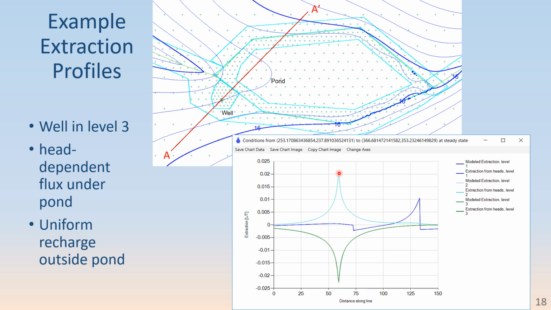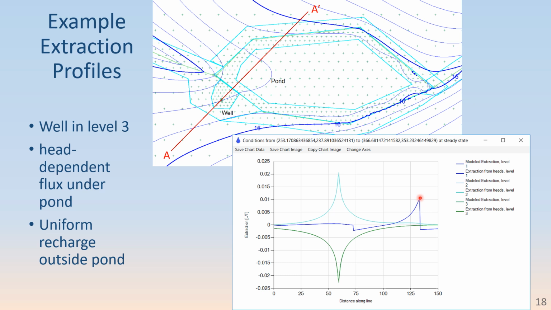And then in level 1, we have interesting interactions around the shorelines of the pond. At this end, outside the pond, we have a negative extraction, which is the recharge rate coming in the top, not going out, so it's negative. Once we get inside the pond, there's a separate domain under the pond, and we get an abrupt change in extraction to a high positive extraction.